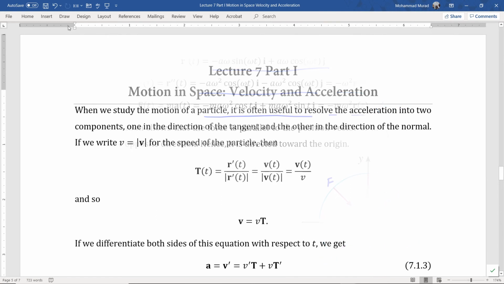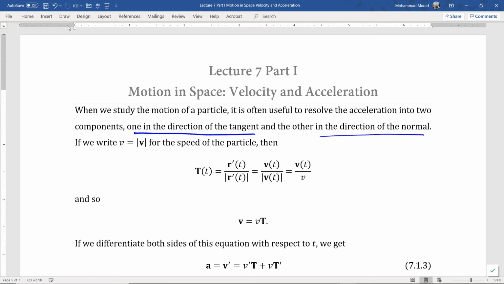When we study the motion of a particle, it is often useful to resolve the acceleration into two components: one in the direction of the tangent, and the other in the direction of the normal vector.